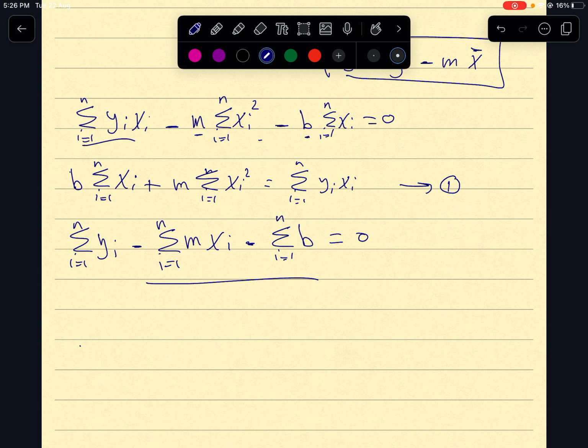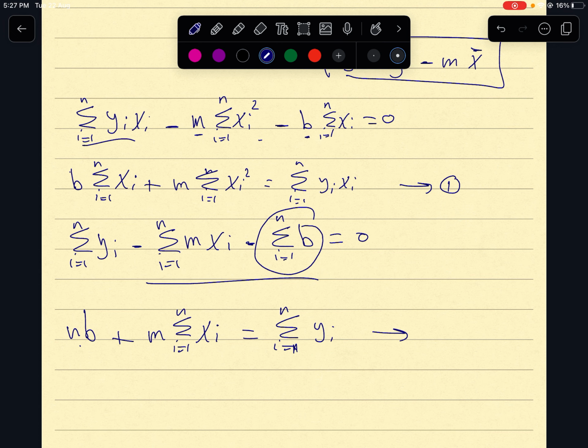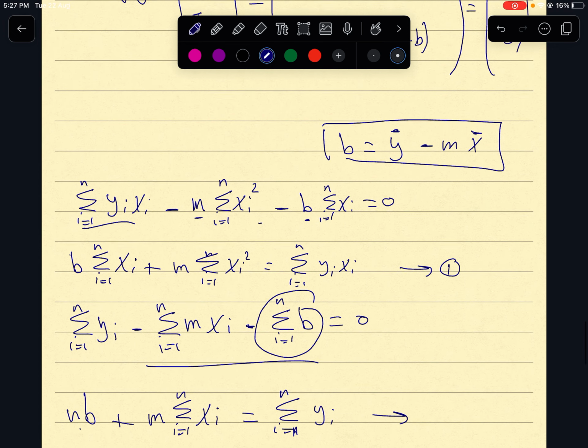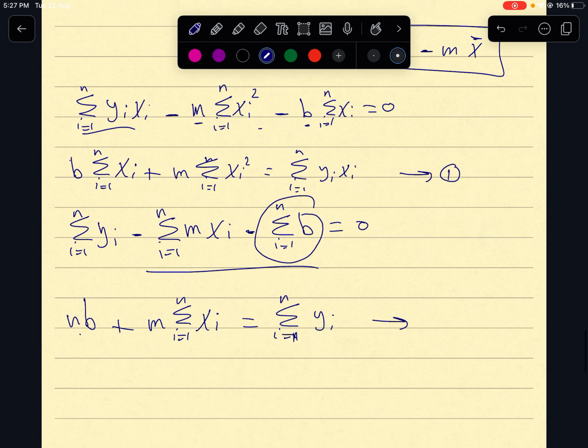I will get nb, this one is nb, okay, plus m sum i equals 1 to n of xi equals sum i equals 1 to n of yi. Okay, this is equation number 2.